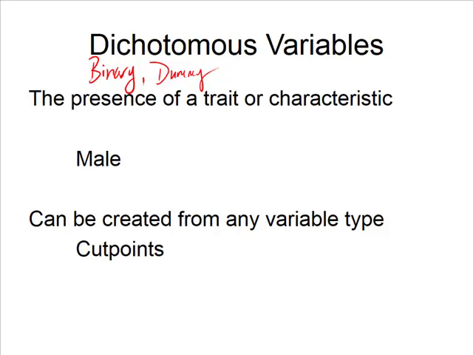So why didn't I put gender up there? There could be a lot of genders. Well, what does it matter if you're male or you're not? Right. So tell me why, instead of putting gender up there as an example of a binary variable, I didn't put gender.